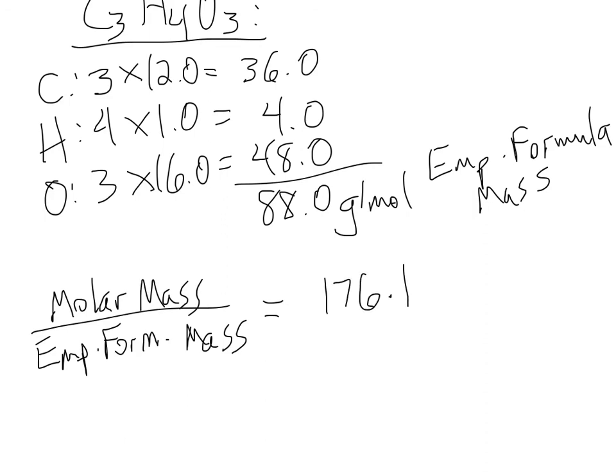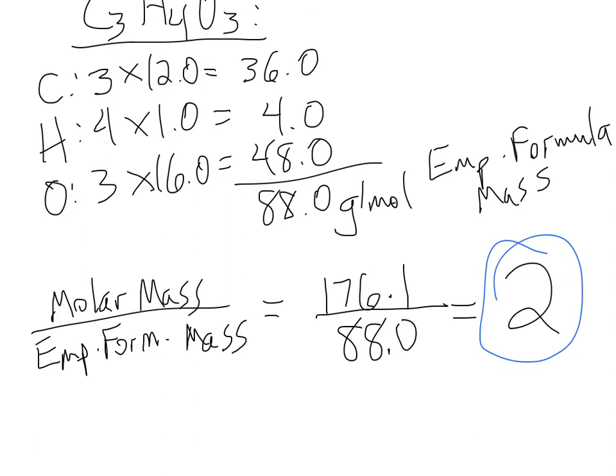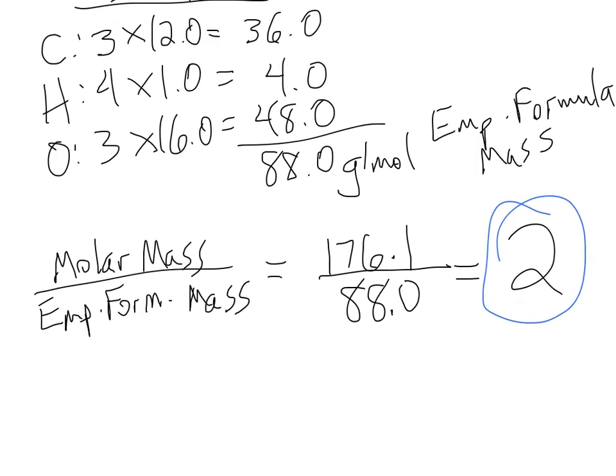The problem gave us 176.1 as the molar mass. We had found the empirical formula mass is equal to 88. You could probably eyeball this. That's going to equal 2. So that means double all of the subscripts within the empirical formula in order to arrive at the molecular formula.